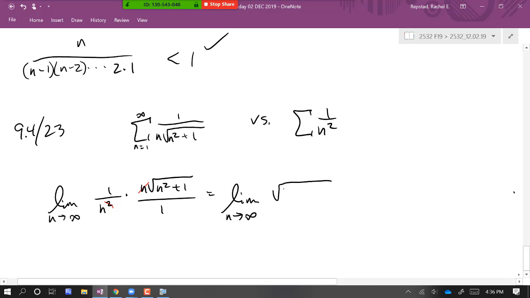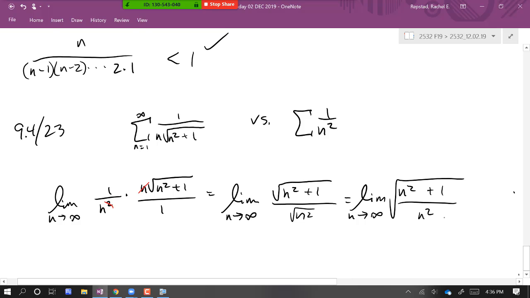I've gone the other way, and there's more than one way you could do this, but that factor of n is the same as having a square root of n squared. And then we could rewrite this as a single radical. Because of the way I have mine set up, I could split it up over addition up top.